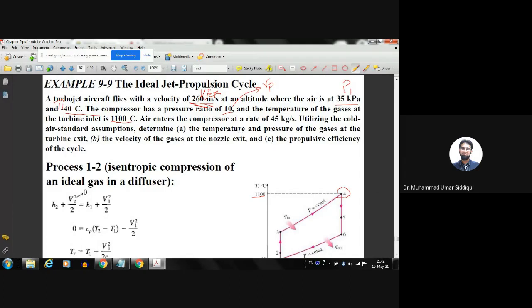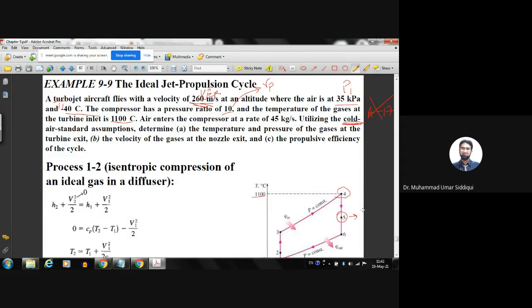Air enters the compressor at a rate of 45 kg per second, utilizing the cold air standard assumption. That means we cannot use Table A-17, because we have to use the cold air standard assumption. Determine the temperature and pressure of gases at the turbine exit. Okay, so the turbine exit is here, state 5.